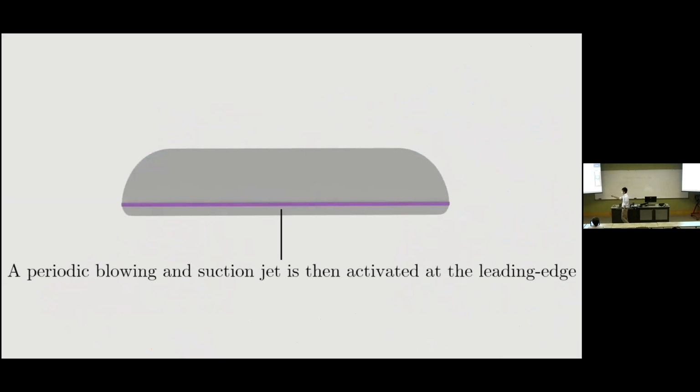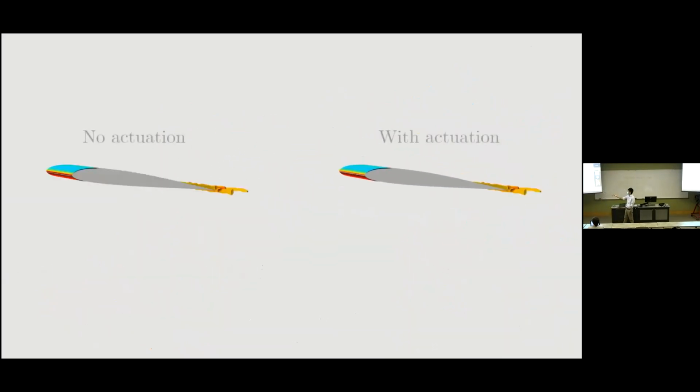Now they are interested in introducing some sort of blowing and suction actuation, right? And seeing how it works with the separation, compared to the baseline case without any actuation or control.